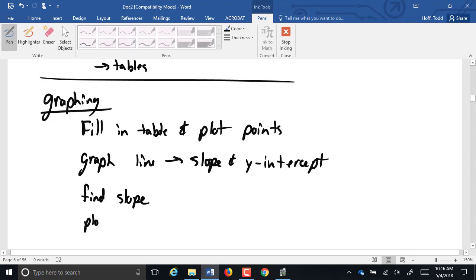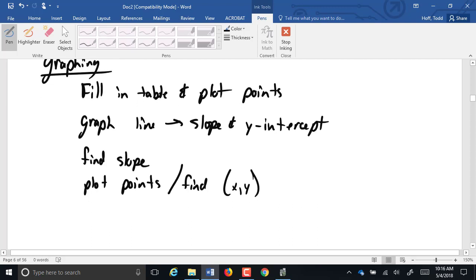You'll need to be able to plot points and identify coordinates, that's x, y, ordered pair. And here's the one that most people struggle with a bit, and that is the variation. That's the direct and inverse.